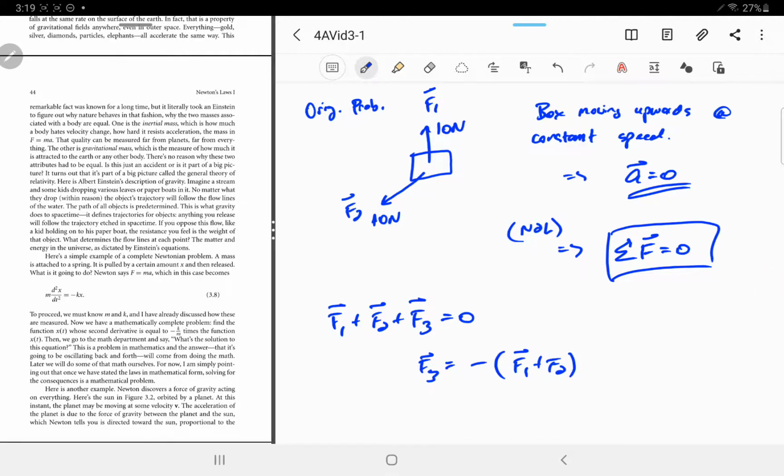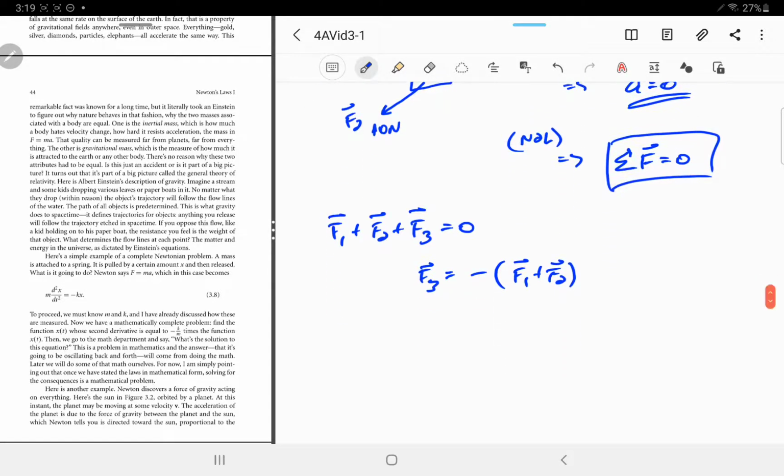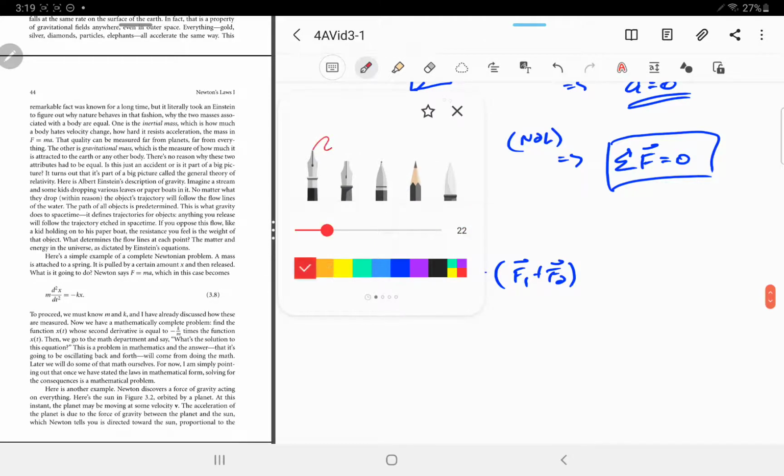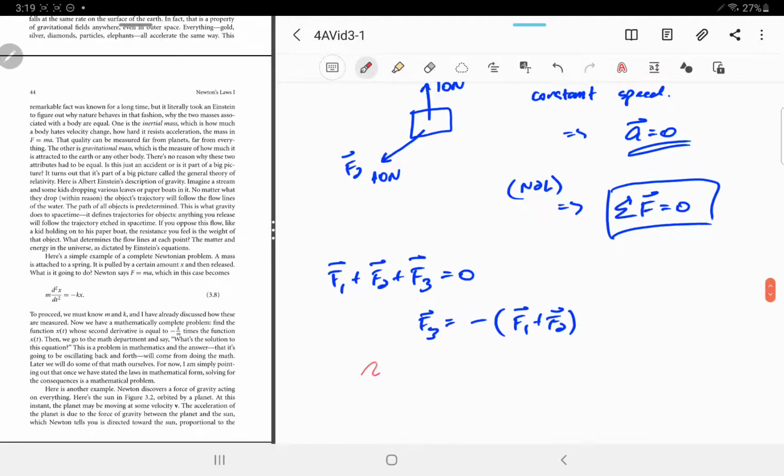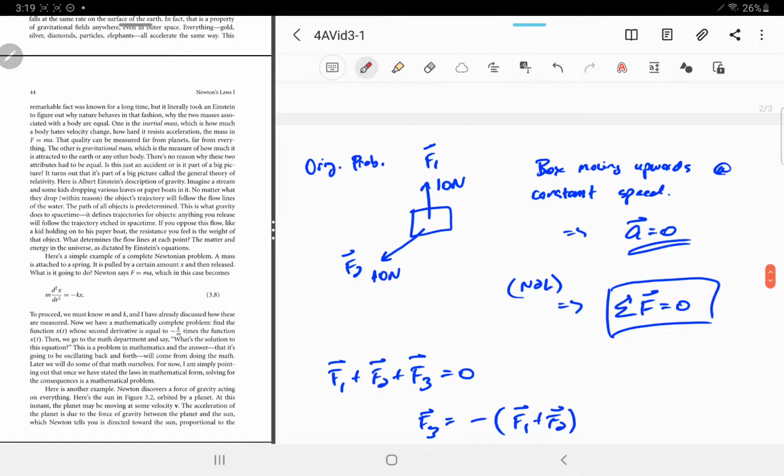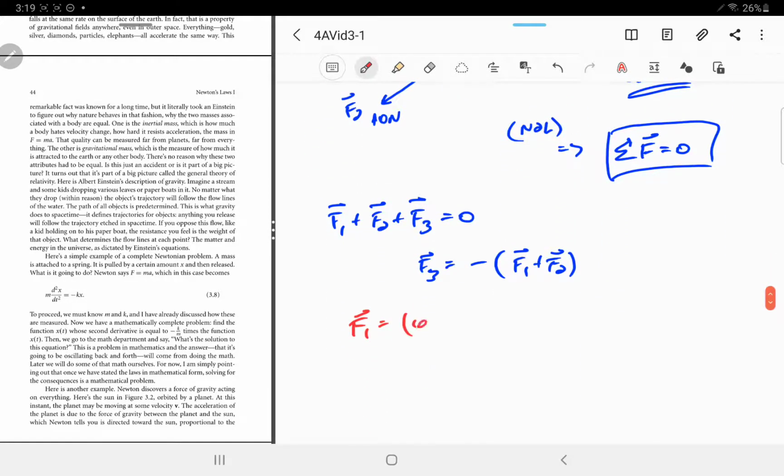If we add up F1 and F2, those two vectors, and then stick a minus sign in front, that'll give us our F3. Okay, so let's do that. It looks like F1 is all, remember our coordinate system here, i hat and j hat, so F1 is all j hat. It's 10 newtons in the j hat direction.